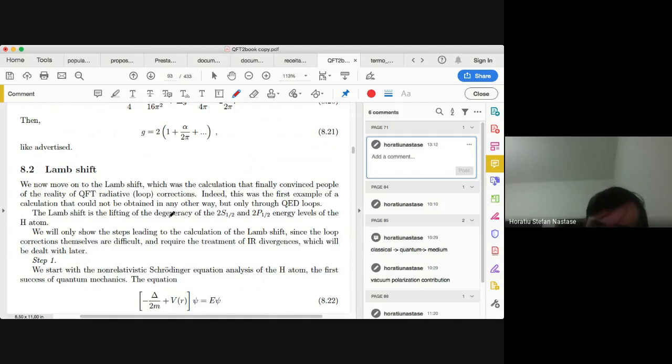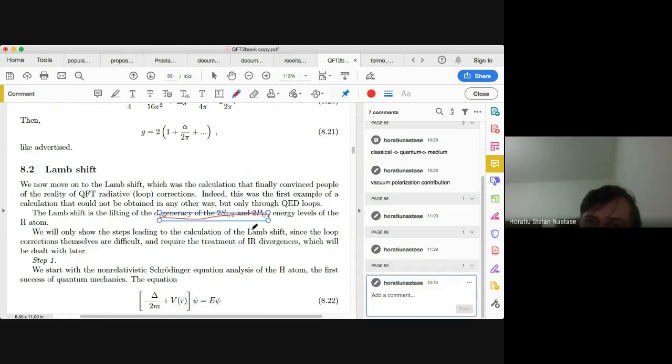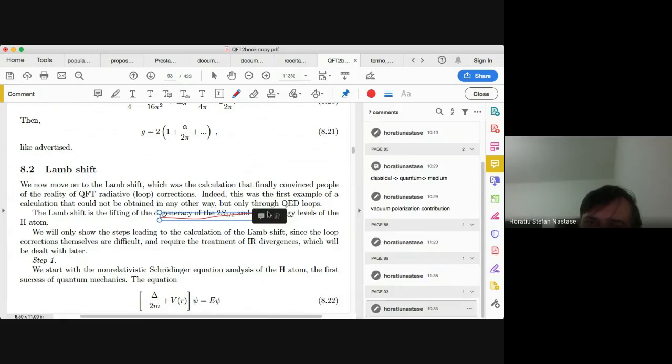And the Lamb shift is the degeneracy between the 2S 1/2 and 2P 1/2 energy levels of the hydrogen atom.